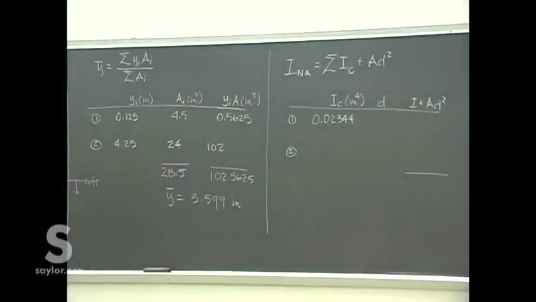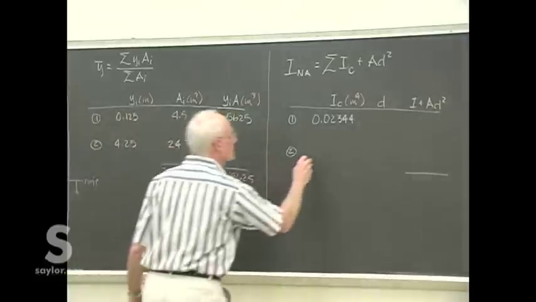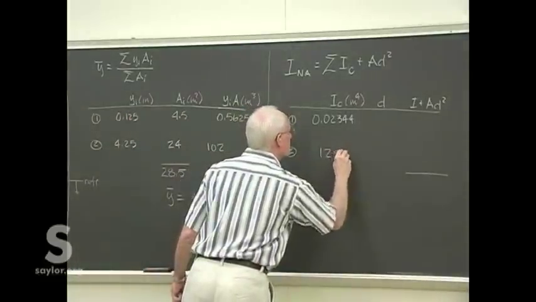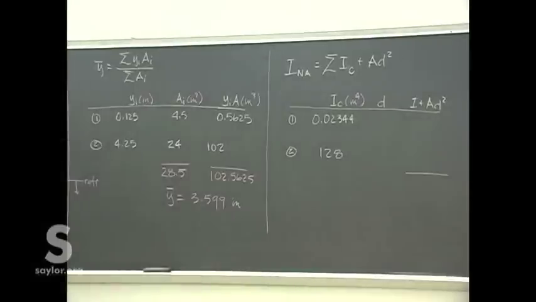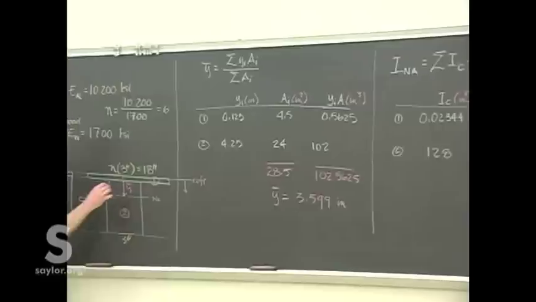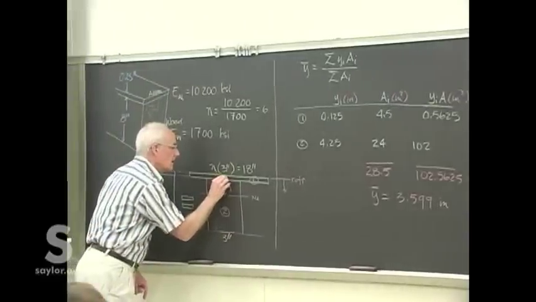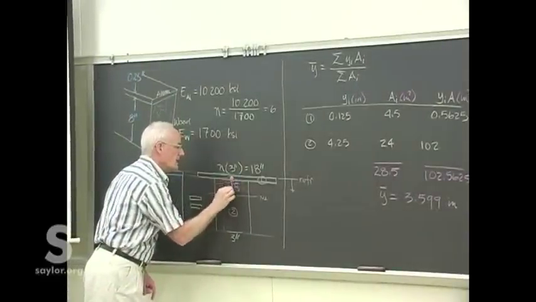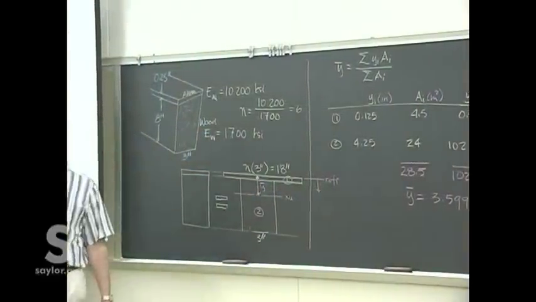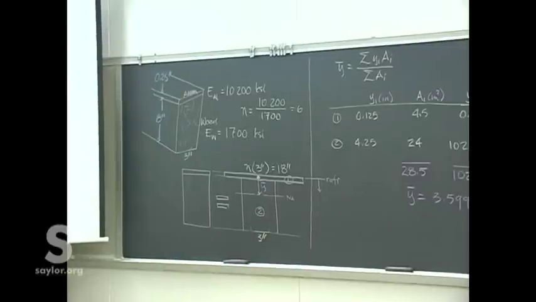We're going through these kind of quick because these are just geometric calculations that you can make. This one comes out to be 128. D, remember, that's the location of the centroid of the individual piece with respect to the neutral axis that we've now placed.